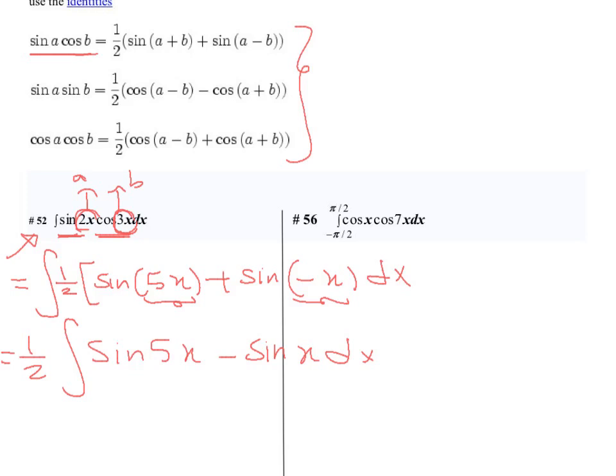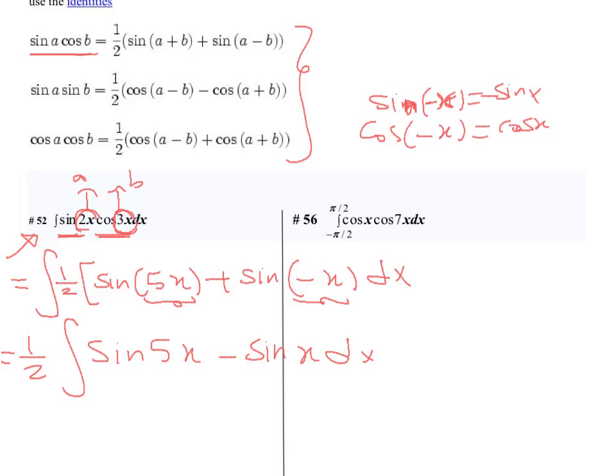Keep in mind that sine minus x is equal to minus sine x, and cosine minus x is equal to cosine x.